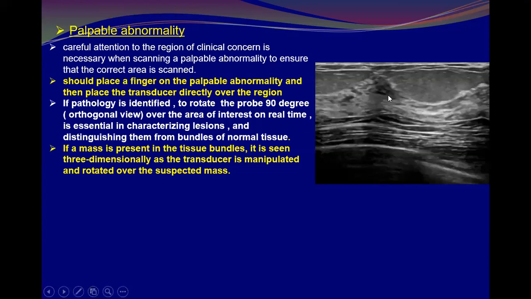We have to follow the rule, not just put the transducer on the palpable abnormality. If you put your finger on it, you expect the size of the palpable abnormality to be very small. But the palpable abnormality was a little bit larger, so I have to correlate.